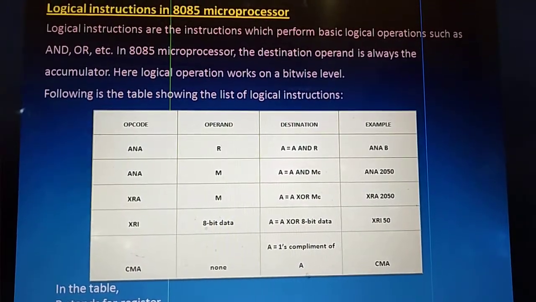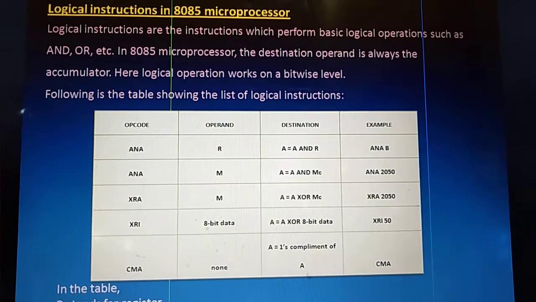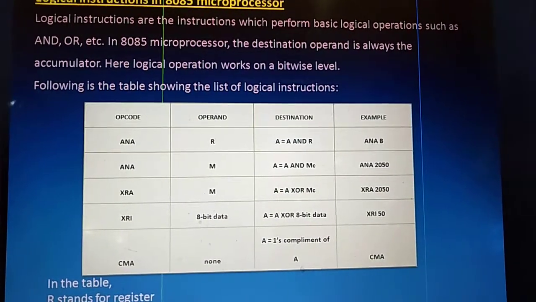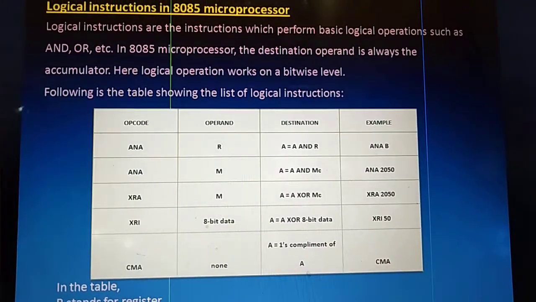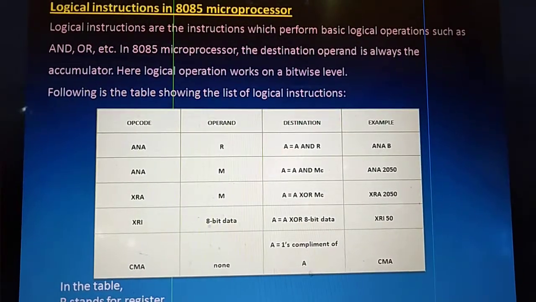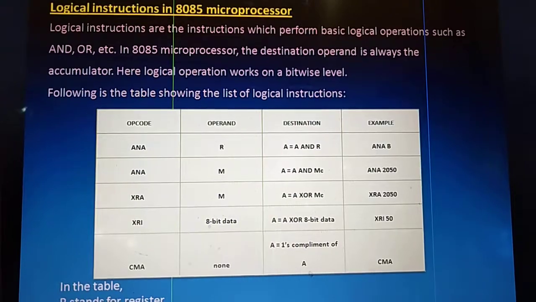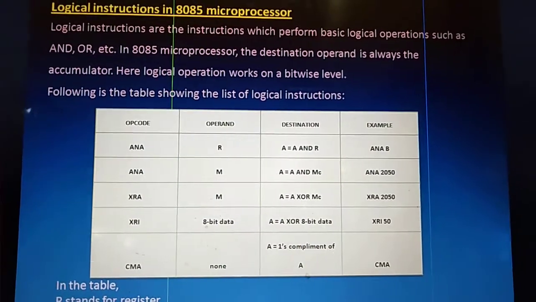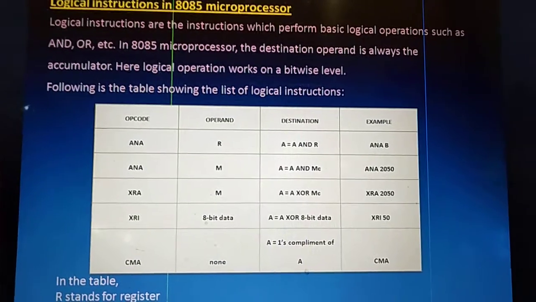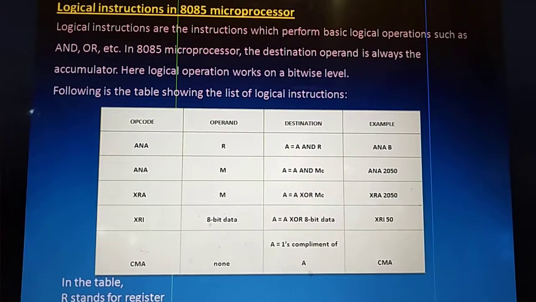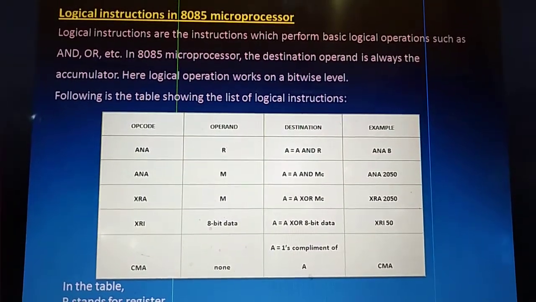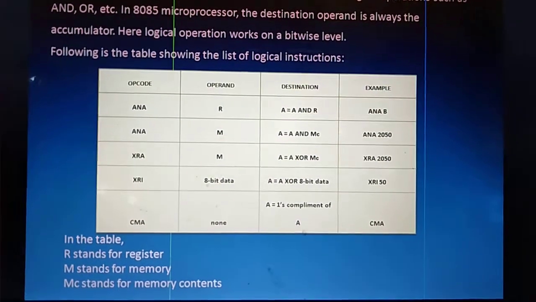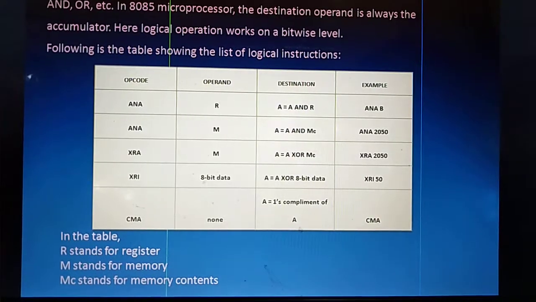Next are the logical instructions. Logical instructions are the instructions which perform the basic logical operations such as AND, OR, NOT, etc. Here the operation codes are ANA, ORA, XRA, XRI, CMA. Please go through the table, which has the titles operation code, operand, destination and example.